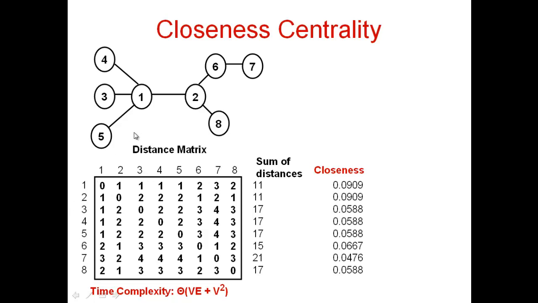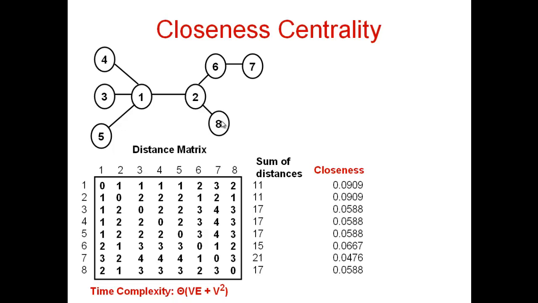Then for 2, again, distance to 1 is 1, to itself is 0, for 3 it is 2, for 4 it is 2, 5 it is 2, 6 it is 1, 7 it is 2, 8 it is 1. For simple graphs like this, you don't really need to run breadth first search. You can just do what I just went through: find the number of edges on the shortest path and get the distance.